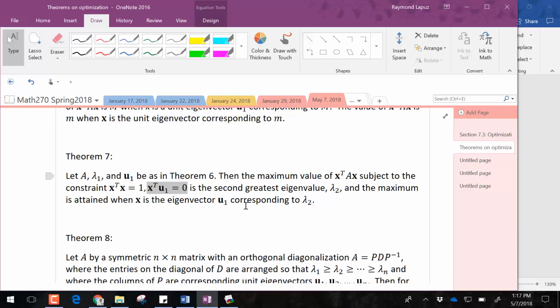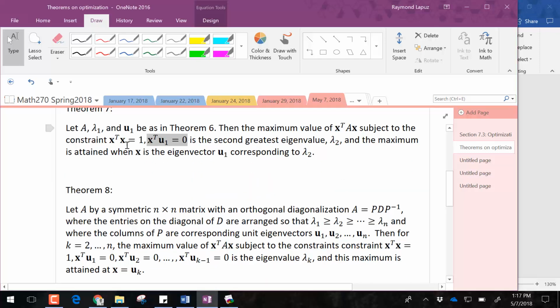So it's essentially putting the eigenvalues in order, and this is a way to view these eigenvalues in order. So that's for two of them, and then the third theorem, Theorem 8, basically says that you can keep going with this process until you've exhausted all your eigenvalues. So that's a general idea.